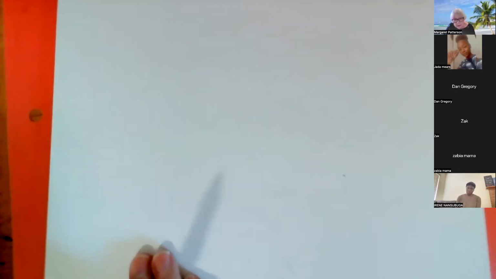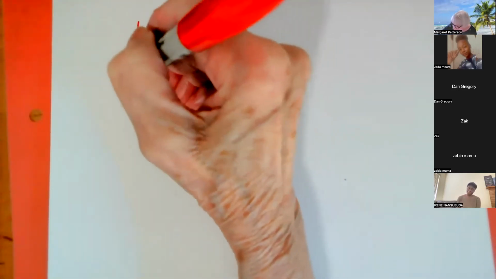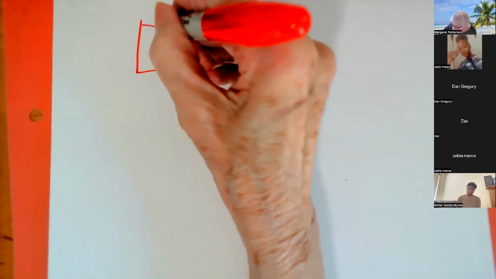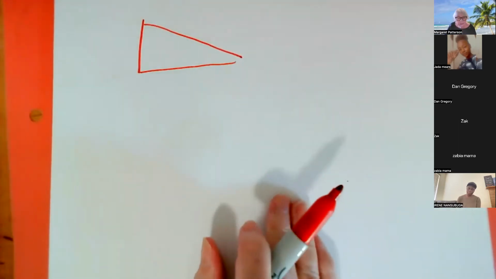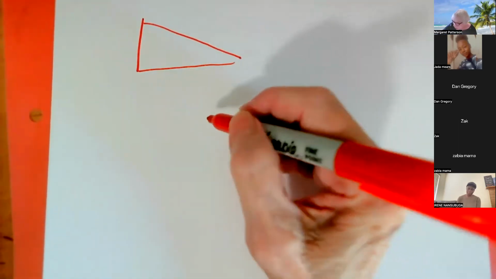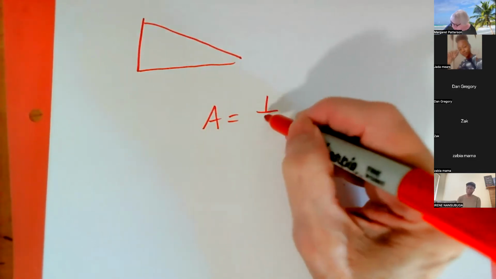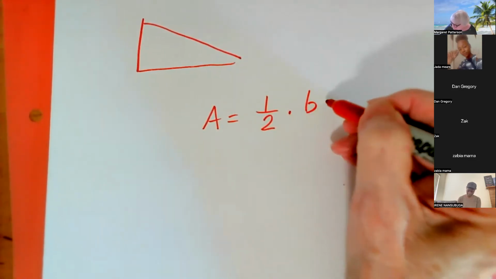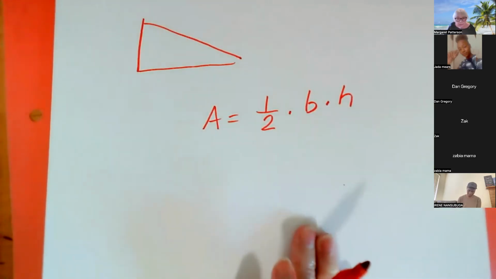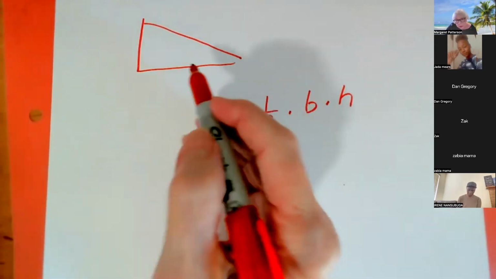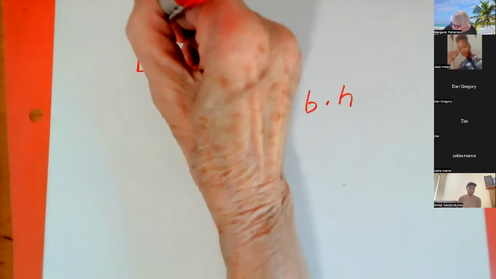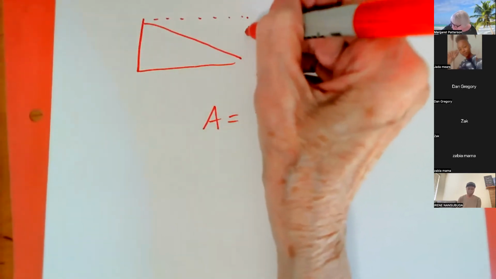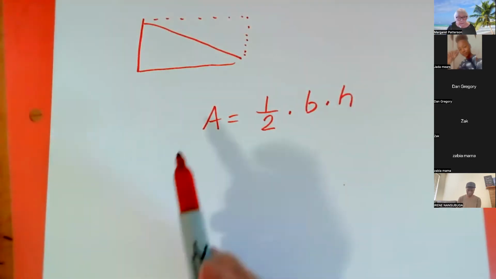So I wanted to talk about the triangle really quick, and I want to draw it like this. The area is 1/2 times the base times the height. And I want you to see it drawn like this, where the 1/2 comes in.